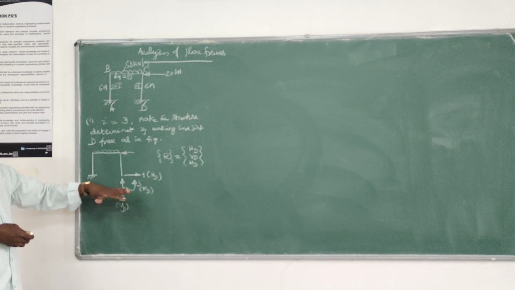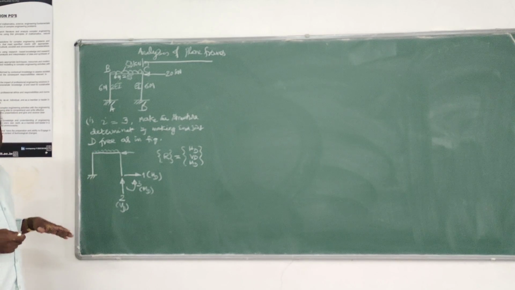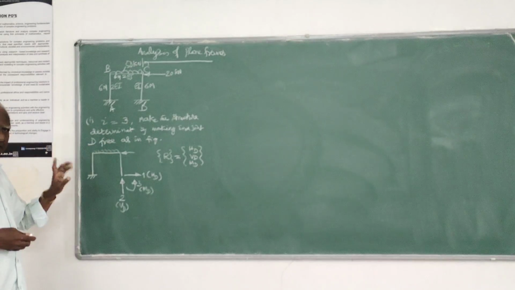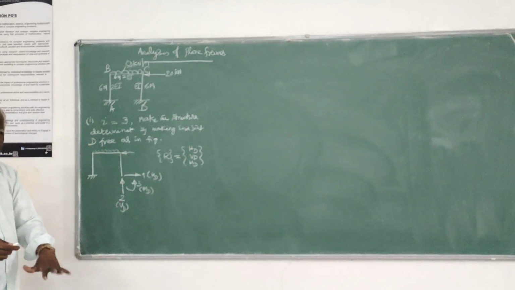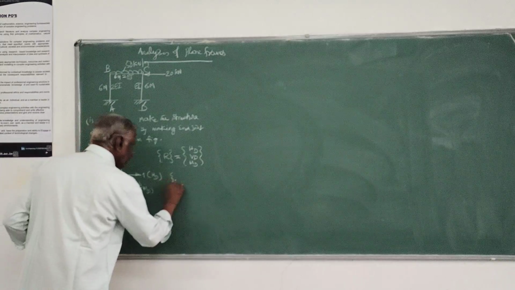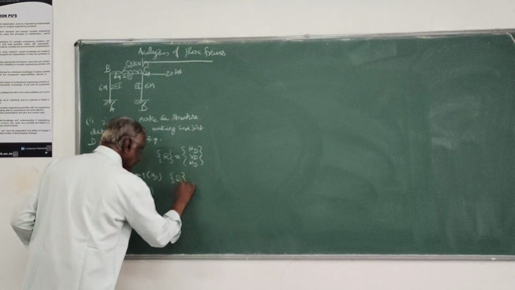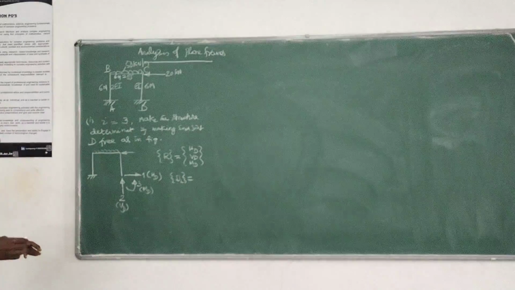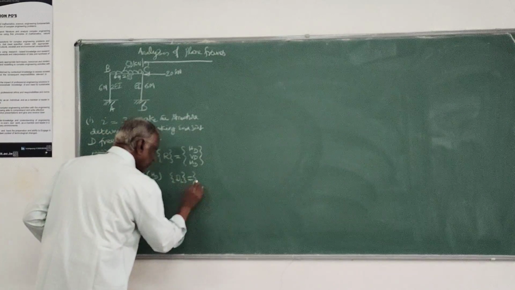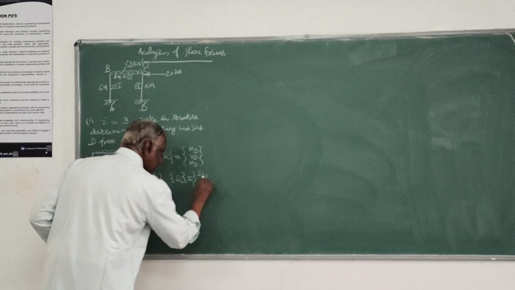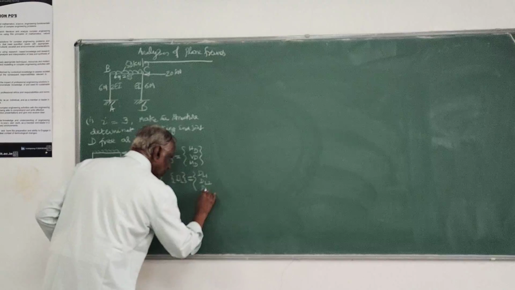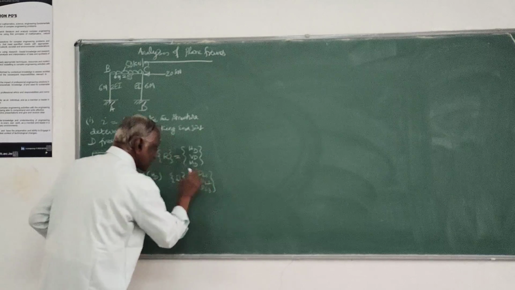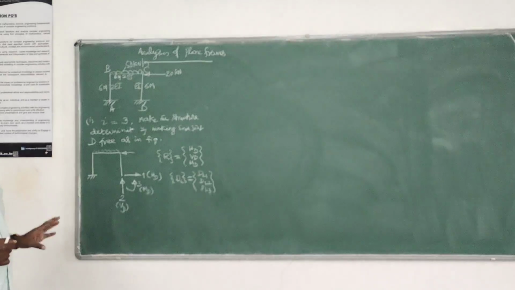I am introducing inconsistency now in order to make it determinate. That inconsistency in displacement I have to evaluate, that is, the inconsistency in the deformation due to external loads along the coordinates 1, 2 and 3. Due to external loads, I have to determine.